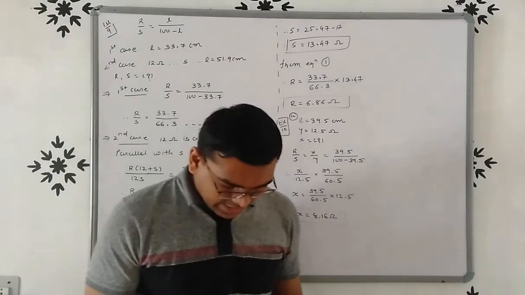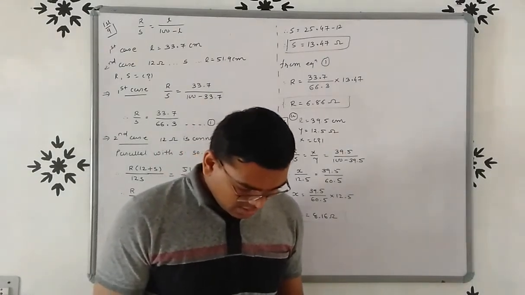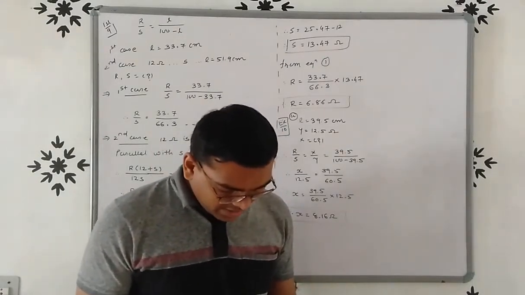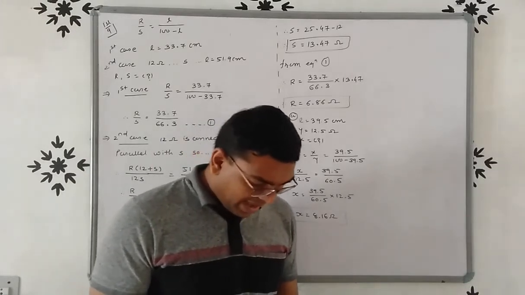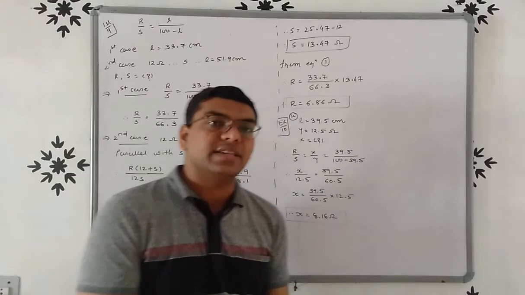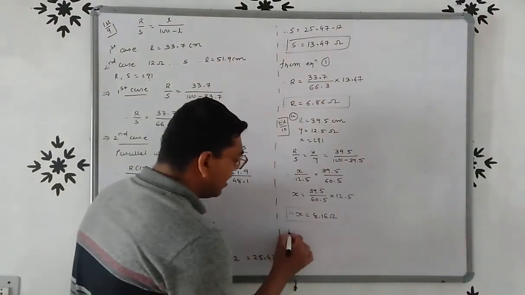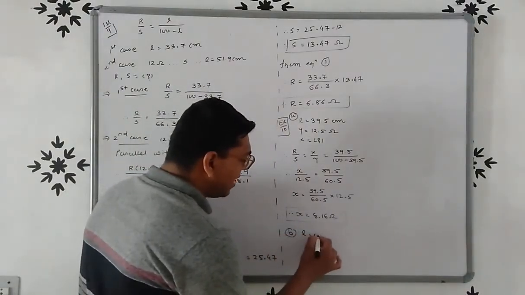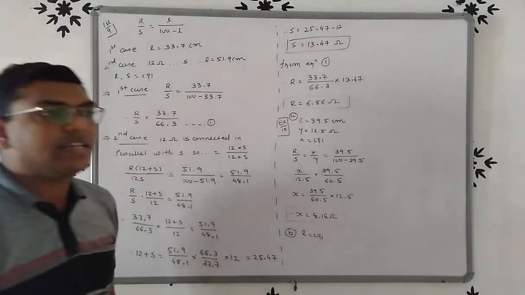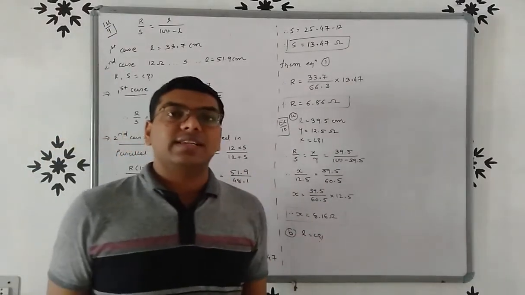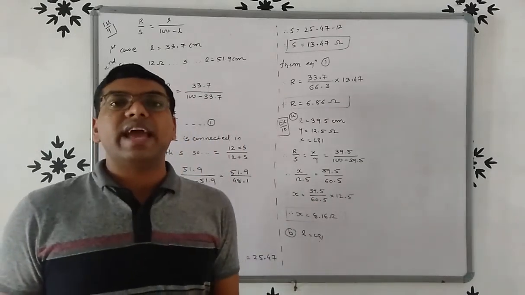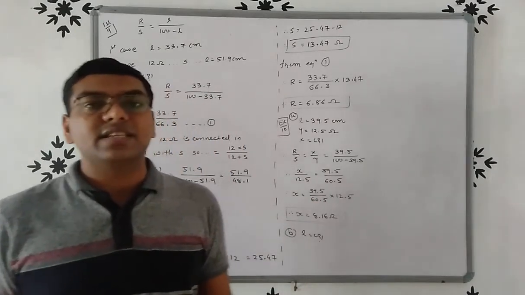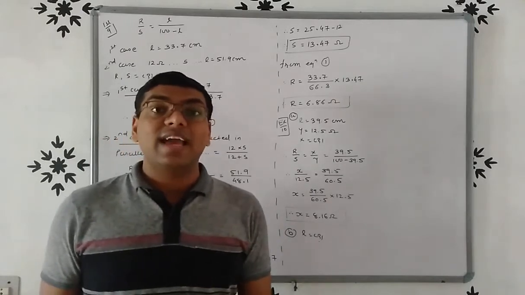Now in the second case, determine the balance point of the bridge above if X and Y are interchanged. So here in part B we have to find out the value of the null point, that is L. But here X and Y are interchanged.